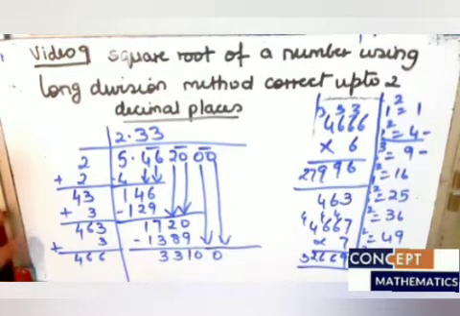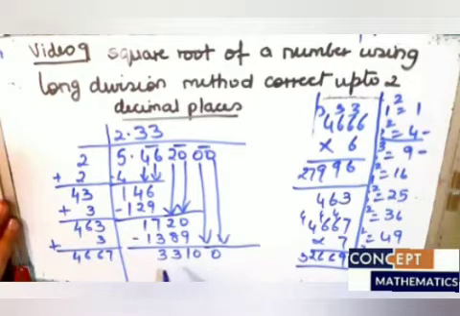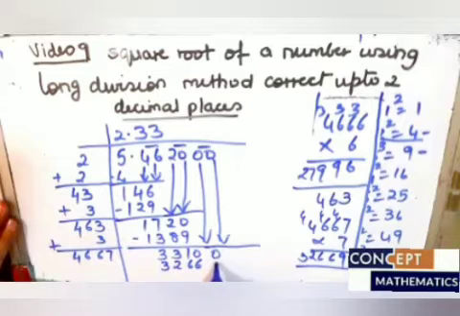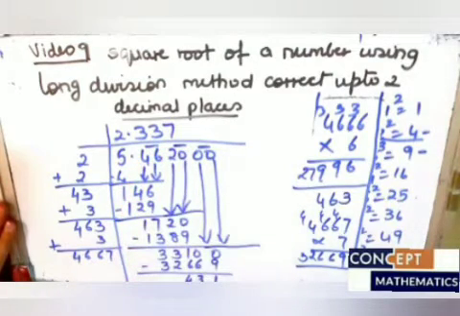So 32669. So 4667 will give you 32669. Subtract it. 10 minus 9 is 1, 9 minus 6 is 3, again 10 minus 6 is 4, and here also you will get 7.